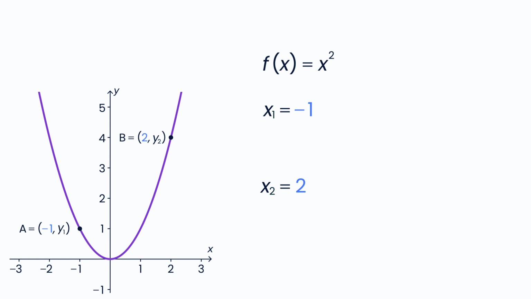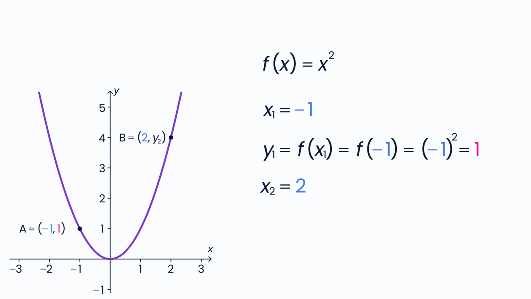Now, you need to find the corresponding y values. The corresponding y value for x1 is called y1. You find y1 like this. y1 equals f of x1 equals f of minus 1 equals minus 1 squared equals 1.